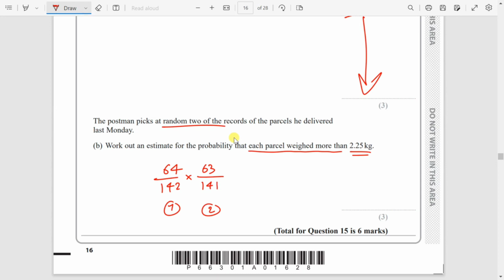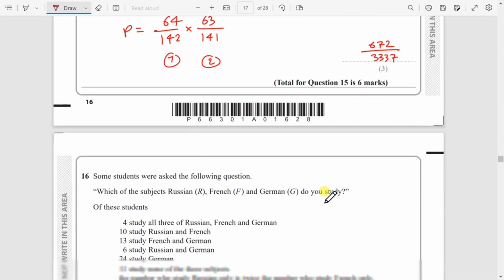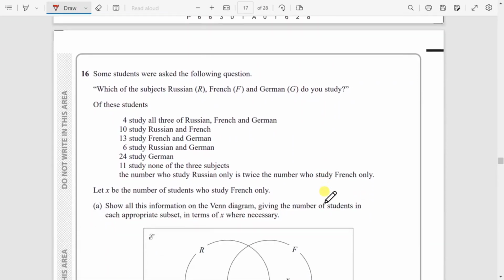So this is the probability they want, guys, yeah? 64 over 142 times 63 over 141. Then you put that in your calculator, and as a fraction or decimal, your choice, you should get 672 over 3337. Something like that, yeah? See what your calculator gives you. The answer depends on that. It's such a different question, guys. Usually it's a 1 parcel question, but I guess they're stepping it up now.